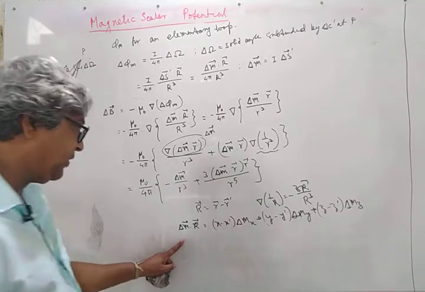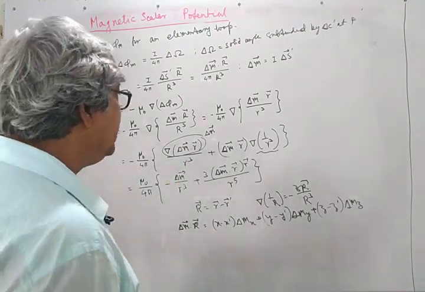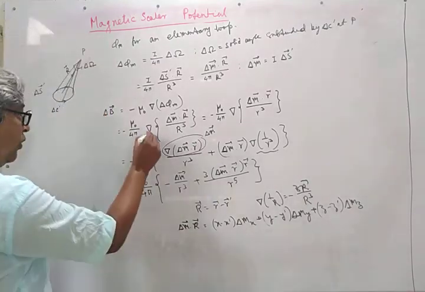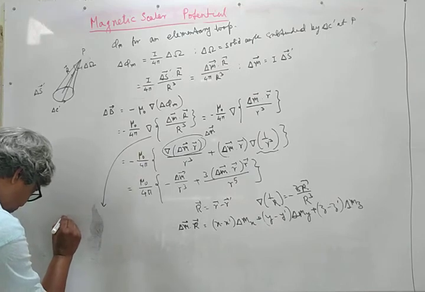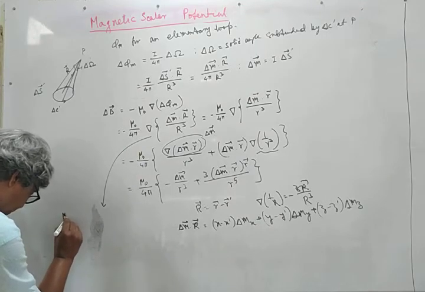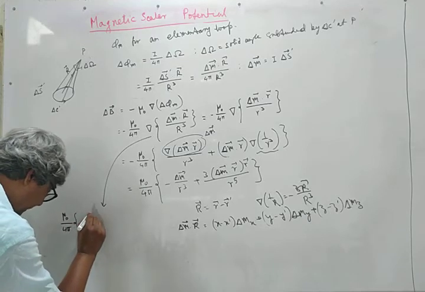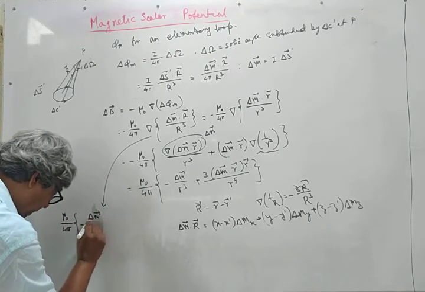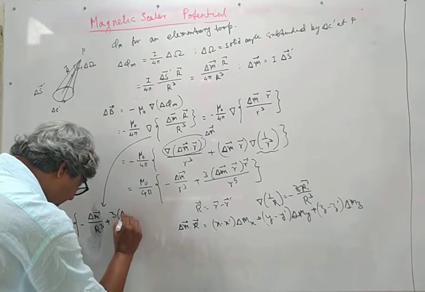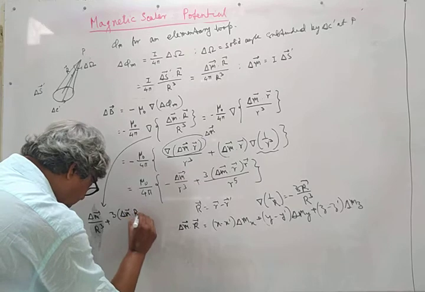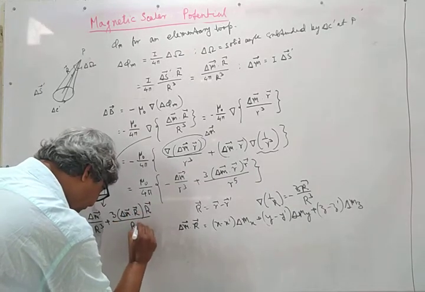When it is operated on by the gradient, again it is delta m. If we work with this notation, the result will be mu 0 upon 4 pi times minus delta m by r cube plus 3 delta m dot r times r by r to the power 5.